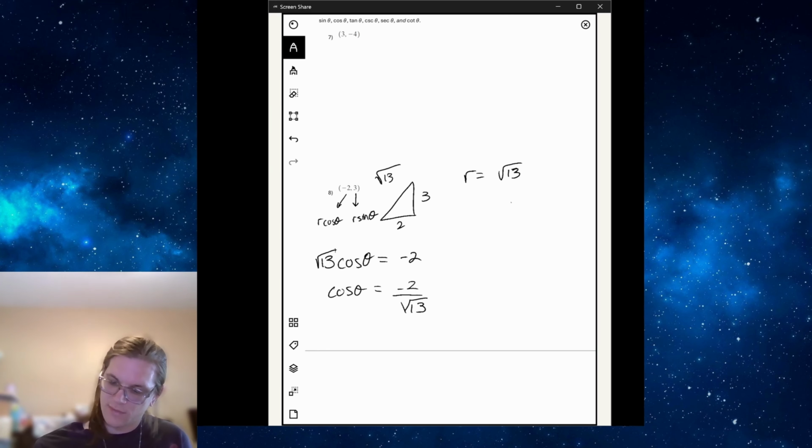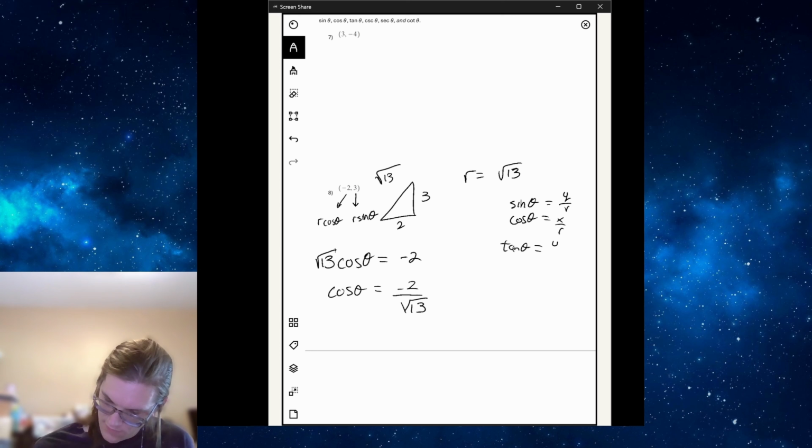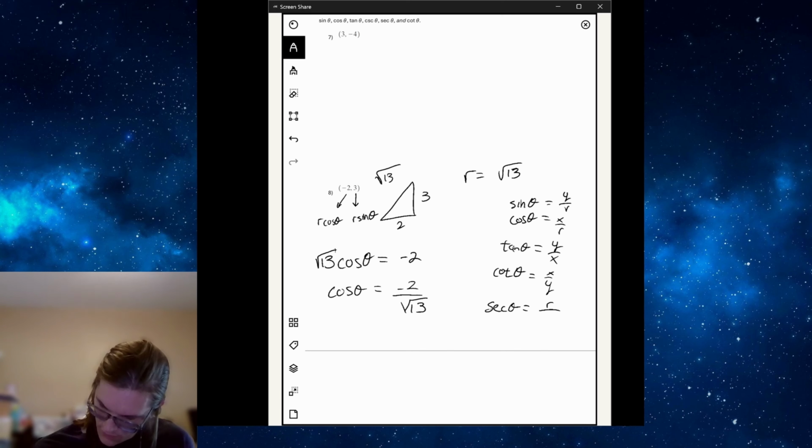Again, the shortcut being sine is y over r, cosine is x over r, tangent is y over x, cotangent is x over y, secant is r over x, and cosecant is r over y.